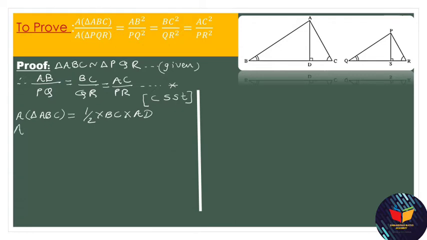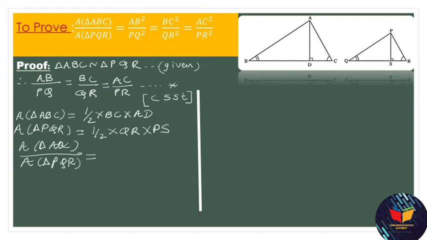Next, the area of triangle PQR. So what will its area be? 1/2, what is the base here? It is QR and the height is PS. Okay, so now when we take its ratio, we get area of triangle ABC to the area of triangle PQR.